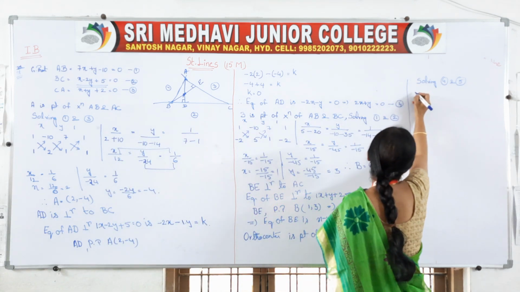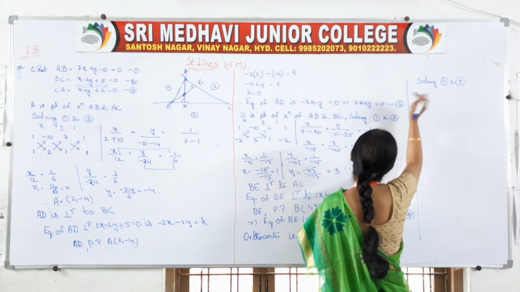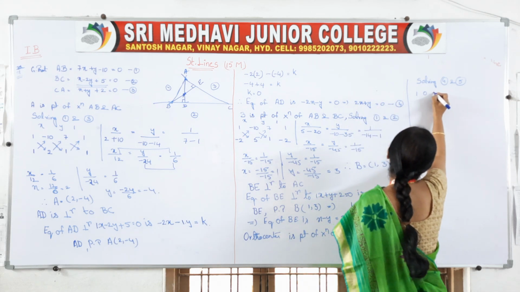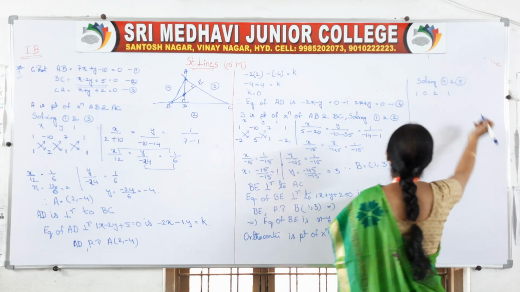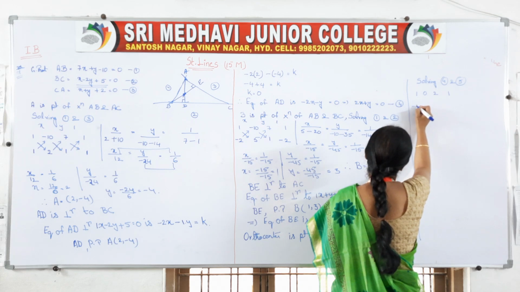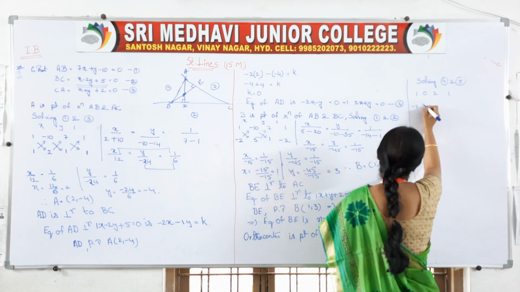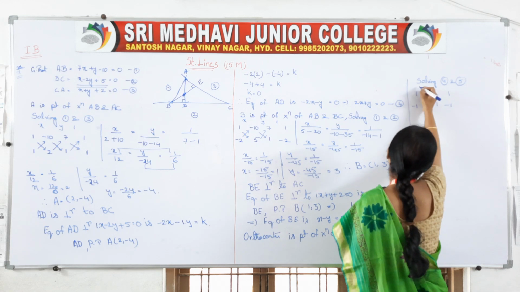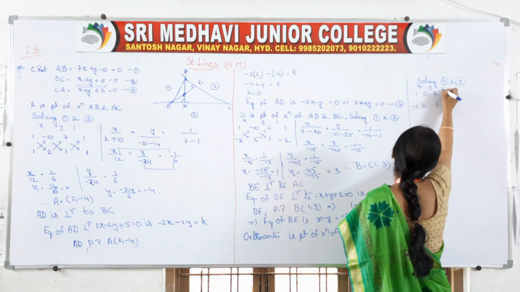So y coefficient is 1, right? Constant is 0, x coefficient is 2, y coefficient is 1. Similarly, here y coefficient is minus 1, constant is 2, x coefficient is 1, y coefficient is minus 1.